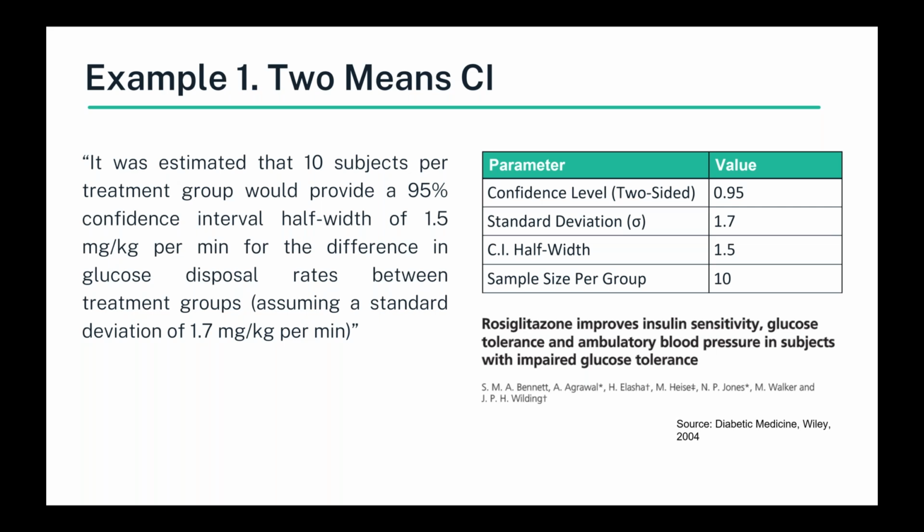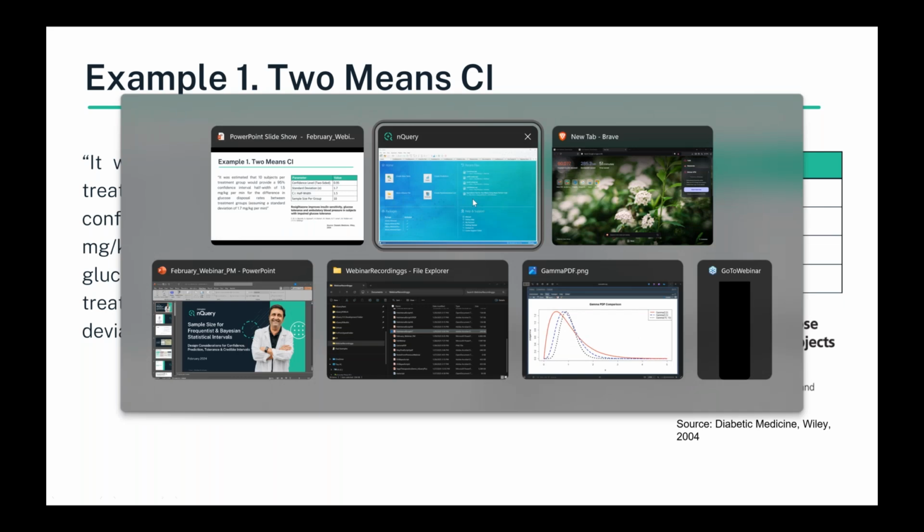They measured the difference in glucose disposal rates, and a sample size of 10 per group was required for a 95% confidence interval that had a half width of 1.5 milligrams per kilogram per minute when the standard deviation was 1.7. You'll notice that we're using half width here, which just makes things a little bit tidier when the interval is symmetric. Right, so let's take a look at how we'd approach this sample size determination in the software.